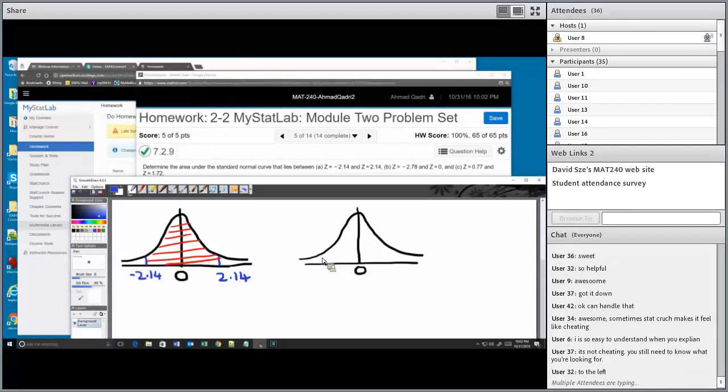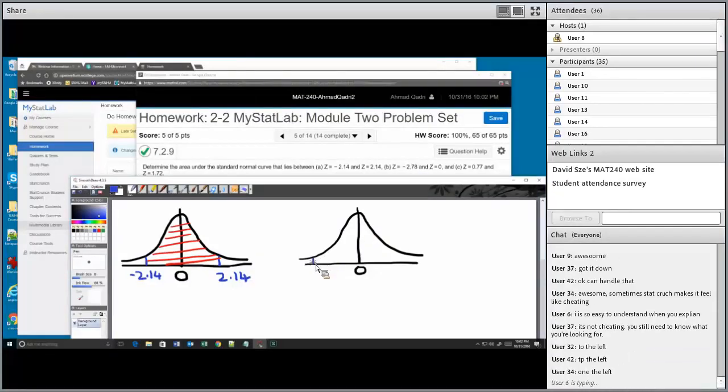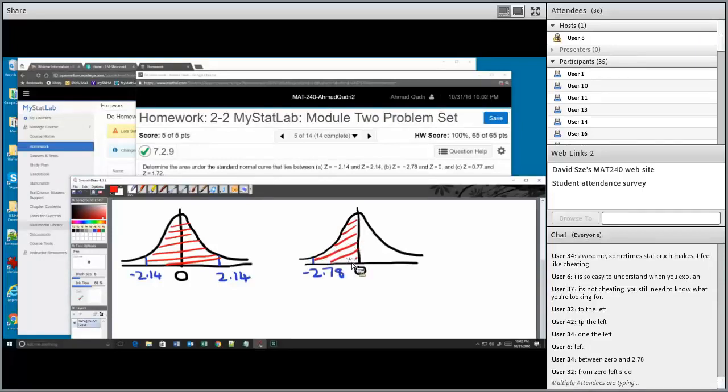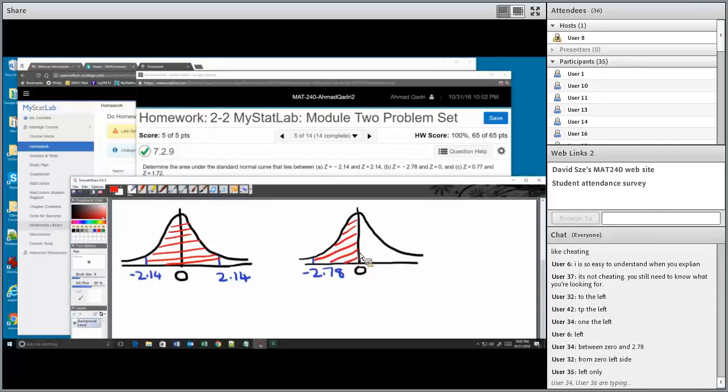It is right here somewhere, maybe a little bit further away, right? And where's the shaded area? The shaded area is this. Yes, this only. Very good.